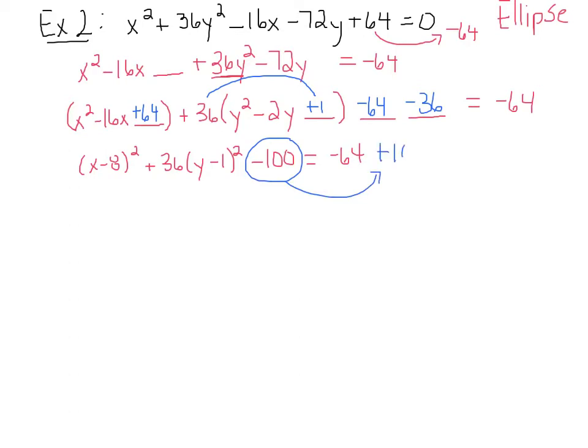So we're going to add 100. So we'll have x minus 8 quantity squared plus 36 y minus 1 quantity squared, and then it's equal to positive 36. Now, because it is an ellipse, we want to divide everything by the 36.